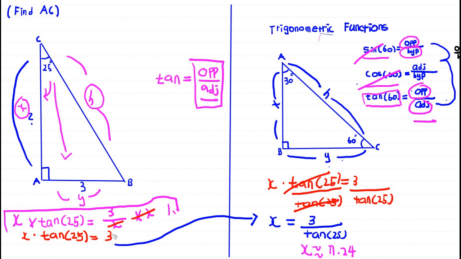In the second step, I isolated the x value, same thing as before, in order to make it equal to an expression to simplify easily. And then I calculated 3 over tangent of 25, and it left us with x approximately 7.24. So the answer to this question is x is approximately 7.24. And we're done.